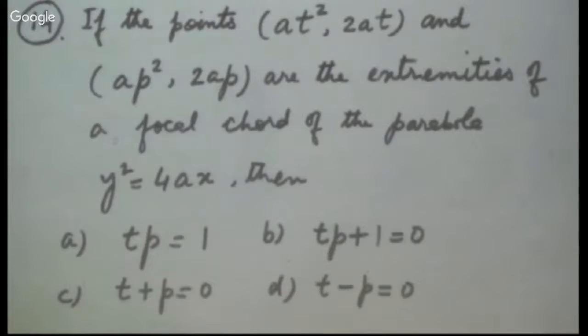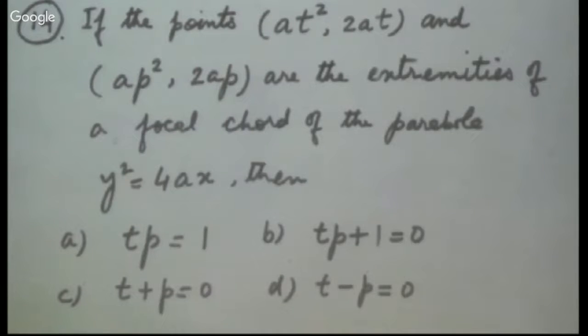I have told you if at1 square, 2at1 and at2 square, 2at2 are the extremities of focal chord of the parabola, then what is the condition? Just look at your notes. If the extremities of the focal chord are given to you, having parameter t1 and t2, what is value of t1 t2? Minus 1. You apply that result.